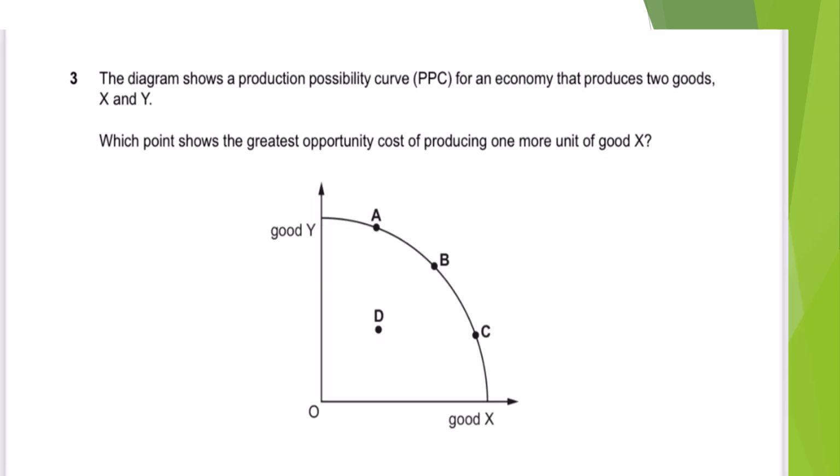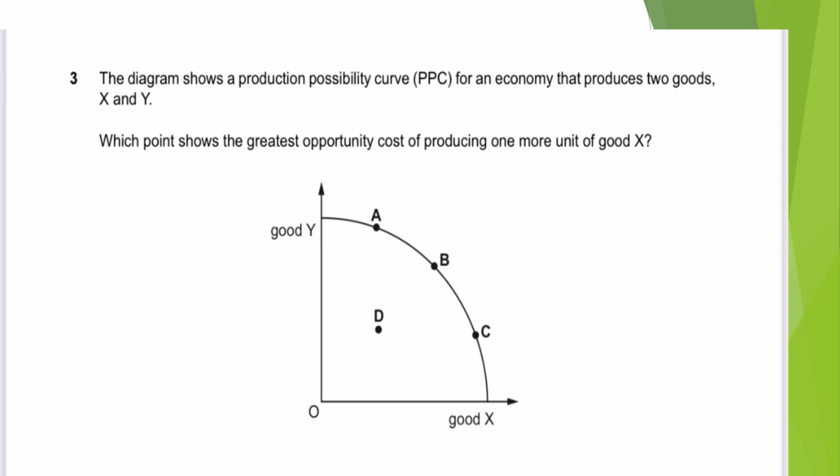Okay, moving towards the next one. The diagram shows a production possibility curve for an economy that produces two goods X and Y. Which point shows the greatest opportunity cost of producing one more unit of X? First of all, we know that there are mainly three points A, B, and C on the production possibility curve.